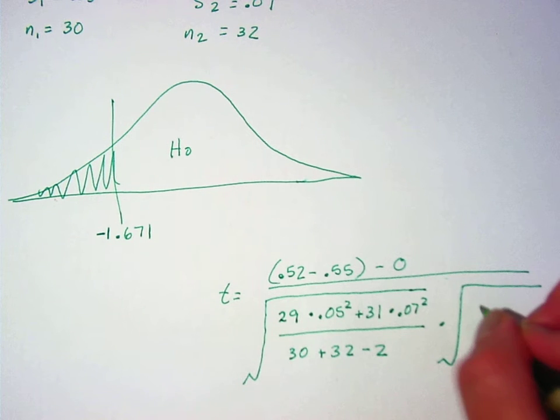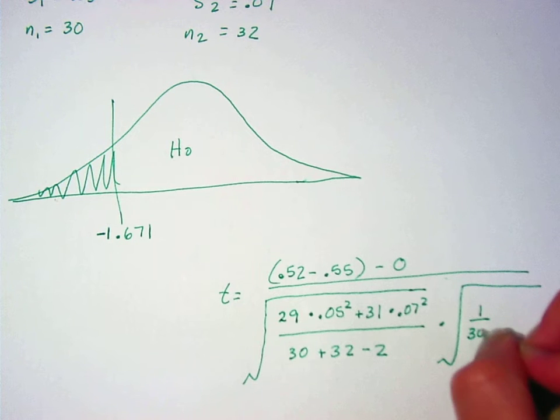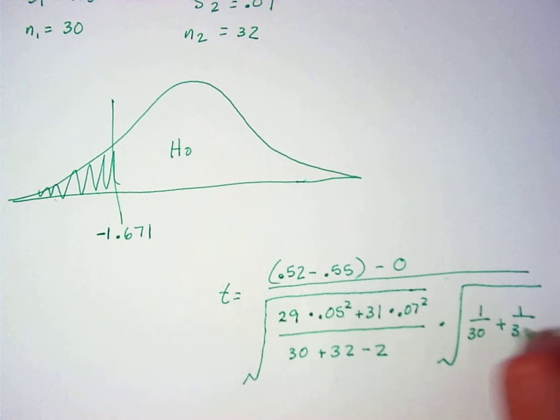And then over here we have 1 over the first sample size and 1 over the second sample size. Now, that is a super gross formula, and it's going to take a lot of different calculations in your calculator, taking it nice and slow.